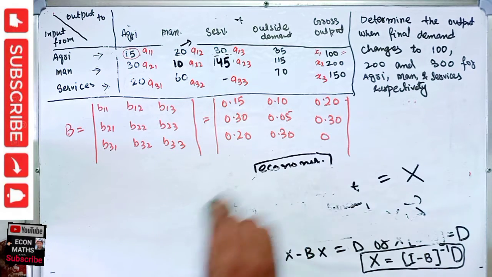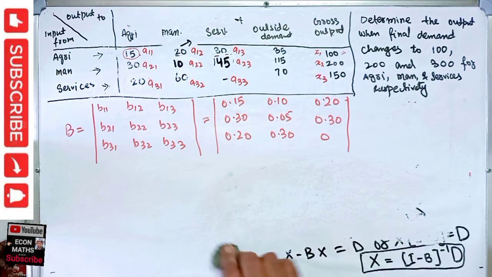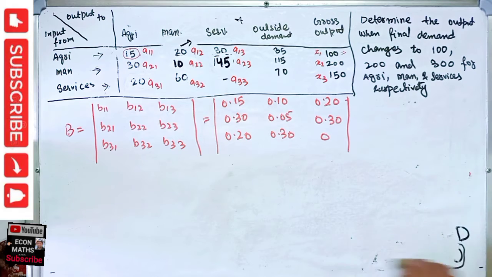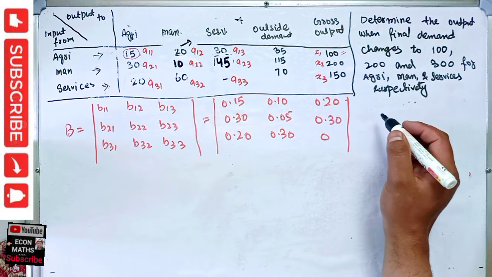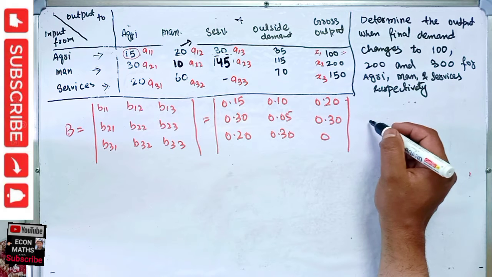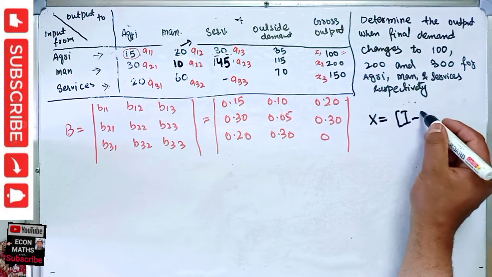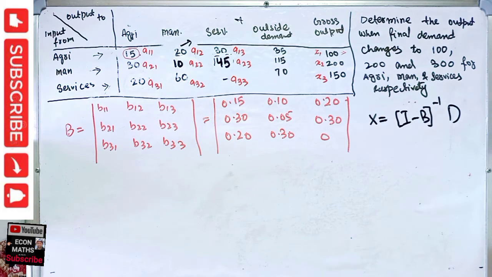Here I am just giving you a basic recapitulation. So we have to form this equation, that is, x should be equal to I minus b inverse d.